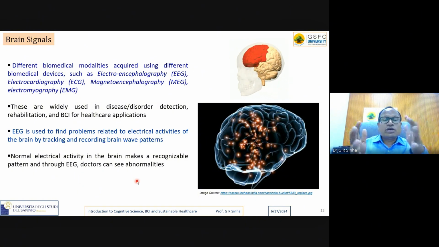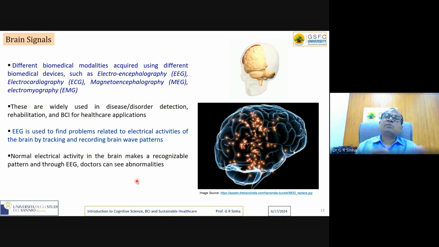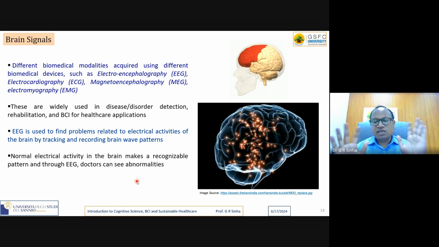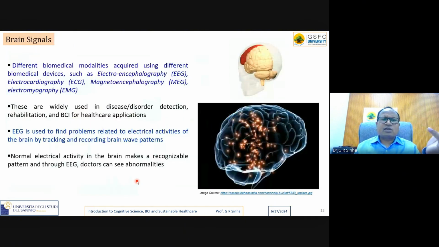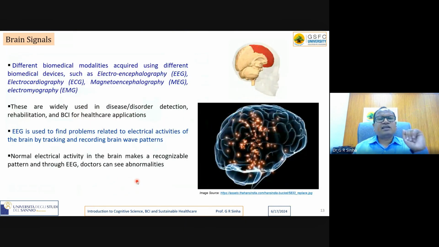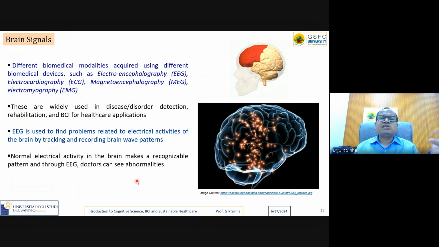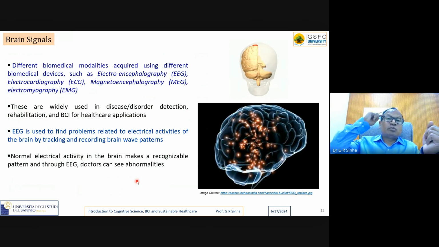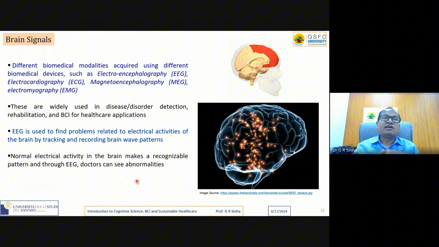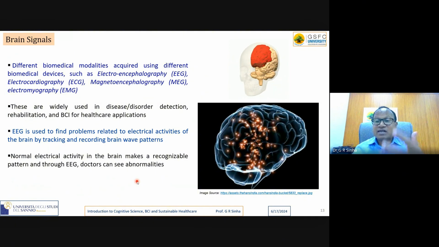So you can have normal activities, you can have abnormal activities, and you can easily detect abnormal activities inside the brain with the help of EEG signal. Now, why I'm talking about EEG again and again, I will explain a little later, because there are others: MEG is there, PET is there, positron emission tomography is there, functional MRI is there.